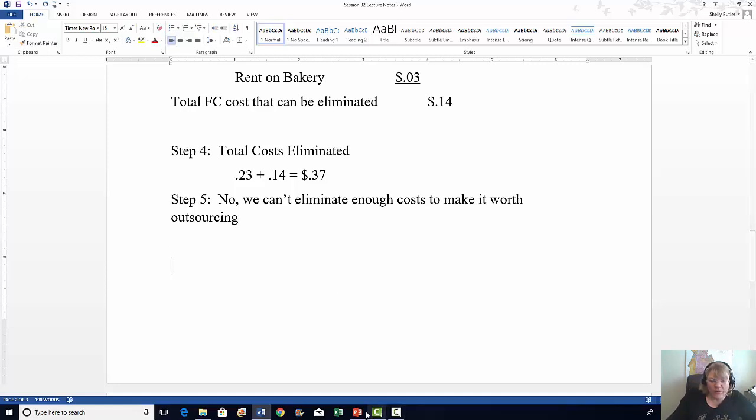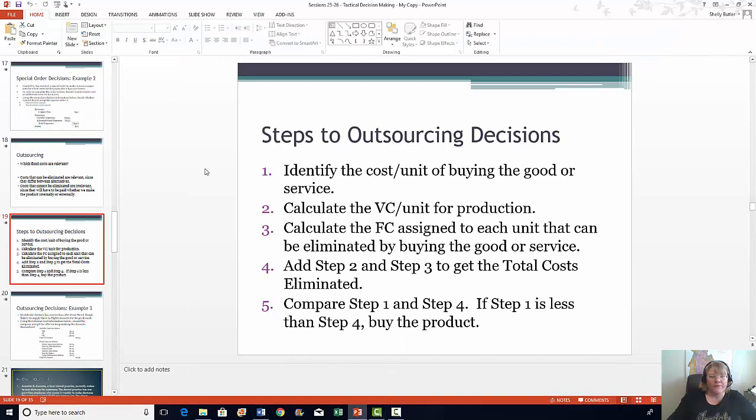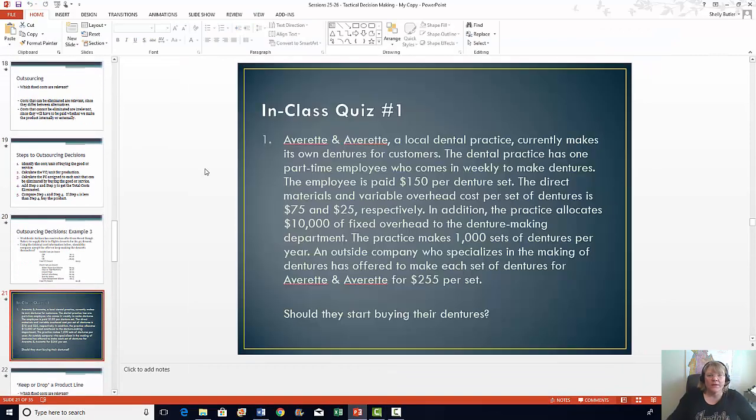So now we want to go back to the very first quiz that we talked about. Avret and Avret, a local dental practice, currently makes its own dentures for customers. The dental practice has one part-time employee who comes in weekly to make dentures. The employee is paid $150 per denture set. The direct materials and variable overhead per set of dentures is $75 and $25 respectively.